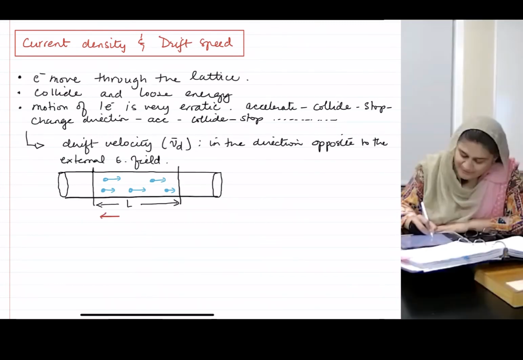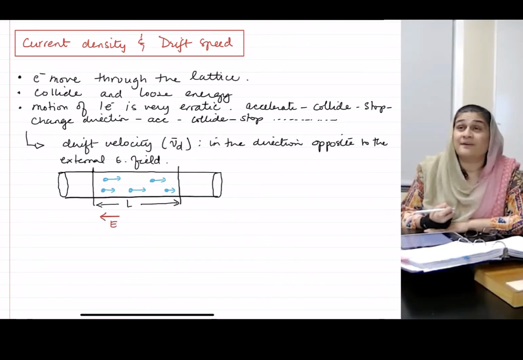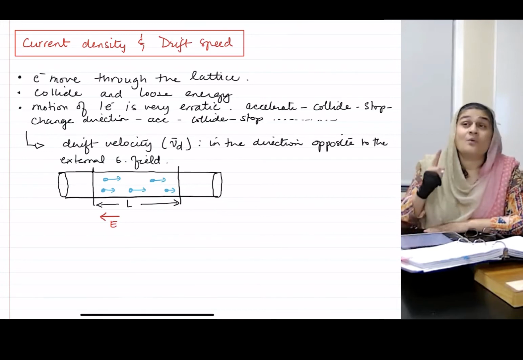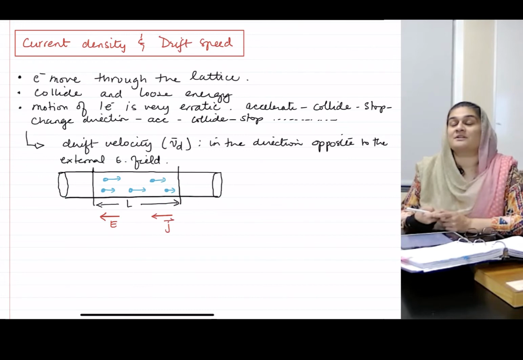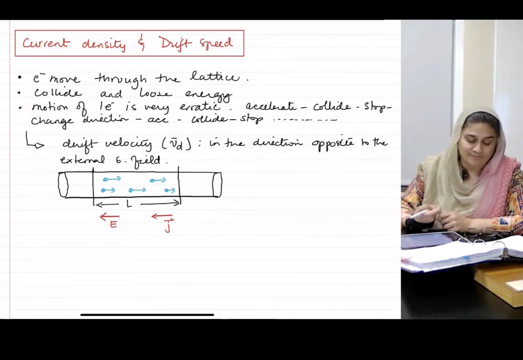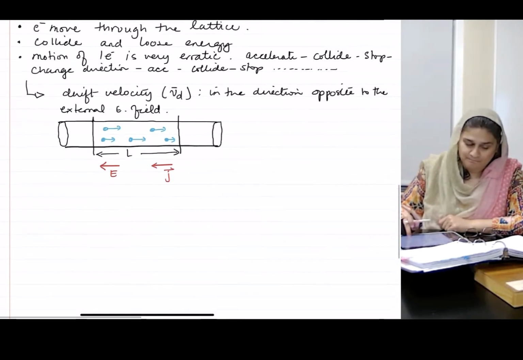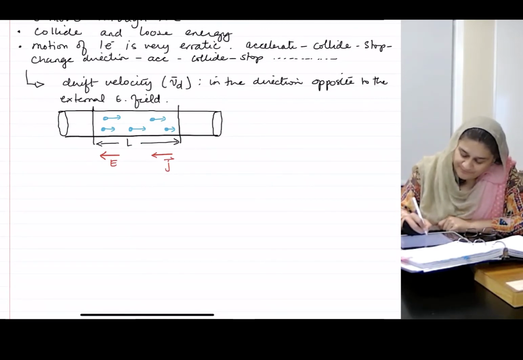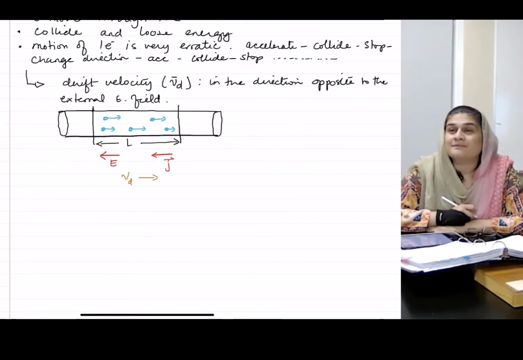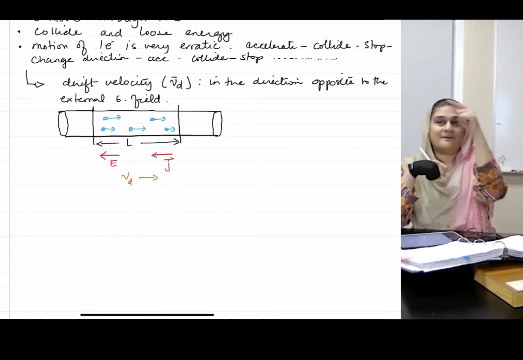If electrons are moving that way, will the E field be this way? Which is interesting because we always call the current the opposite to the direction of the electrons. So remember, E and J will have the same direction. Okay. What will the VD direction be? Is that true? Electrons are going that way.